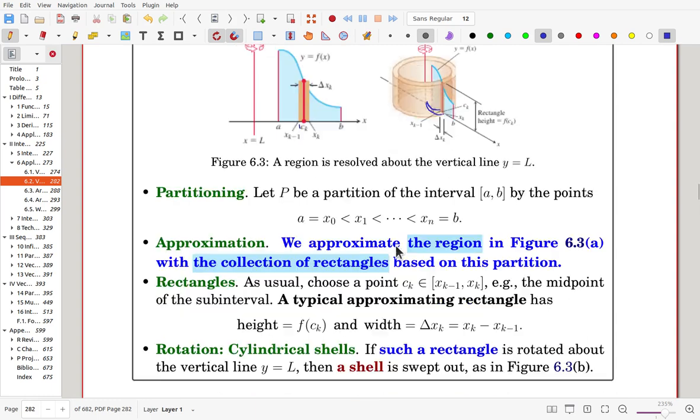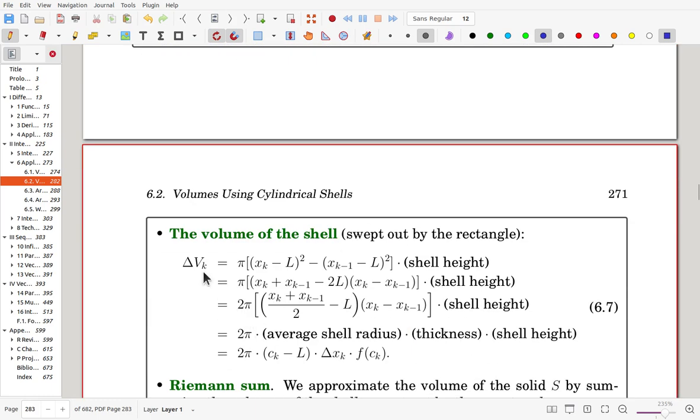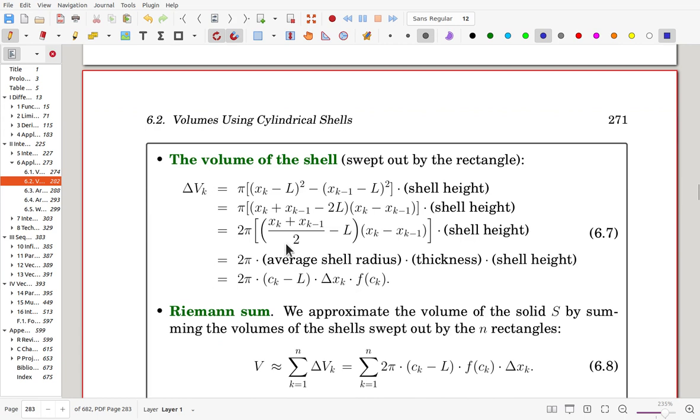That is exactly what is happening here: pi capital R squared minus pi little r squared, and the shell height. And with some algebra, we can get that term. Now c_k is the center of the subinterval.